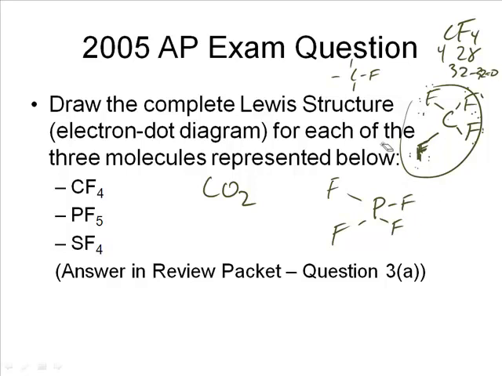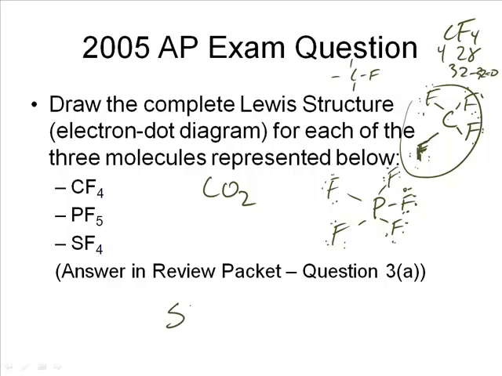In general, one atom is going to be in the middle, and the other atoms are going to circle that central atom. And then we've got 40 electrons all total. So again, 8 around each one. The phosphorus does have more than 8, but we don't have a choice. So we just continue with that.